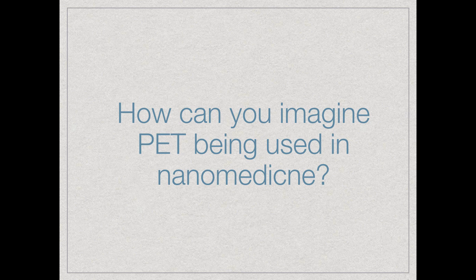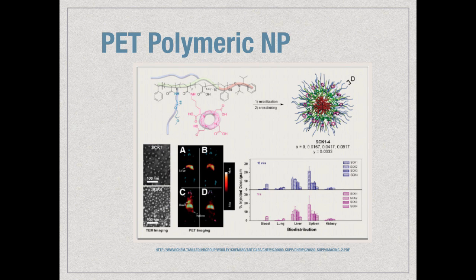Now that you've thought about it, let's see how many of these you have been able to list. One is to label your polymeric nanoparticles, or any kind of nanoparticles, with a PET tracer. Again, you have to make sure that you marry your half-life to the particle pharmacokinetics.